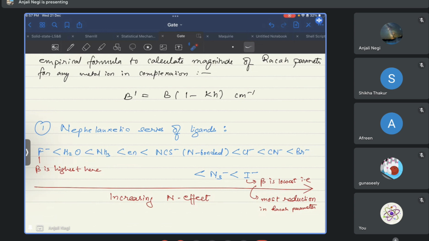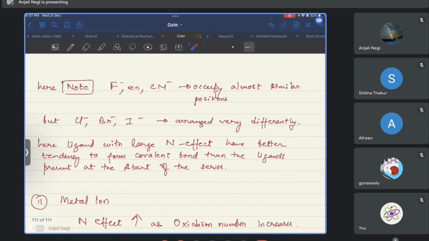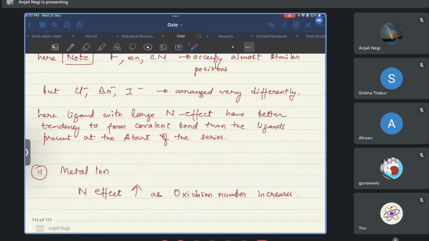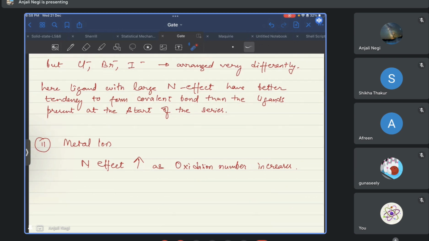But the ligands placed at the right hand side of this series show a higher covalent character in the metal and ligand bonding. So yes, this is it. And for metal ions, I can make a list following the nephelauxetic effect. That is, the nephelauxetic effect will be higher in the case of higher oxidation number. Okay, so this is it.